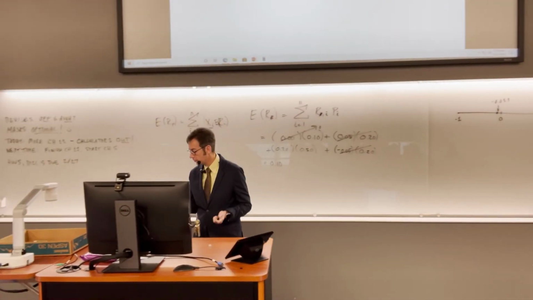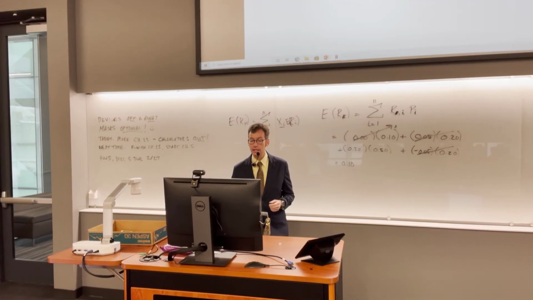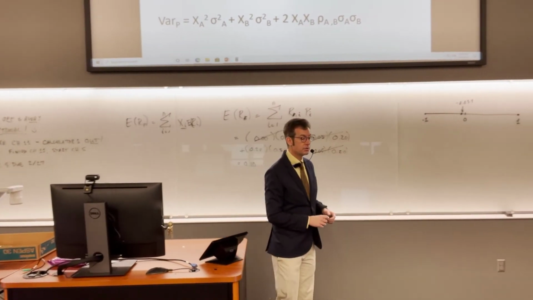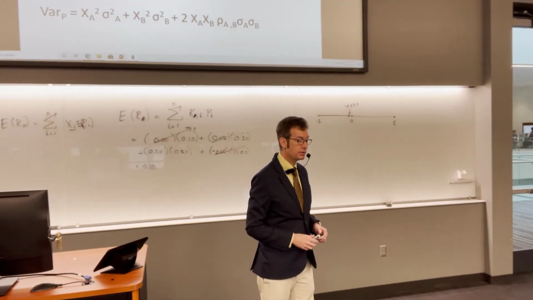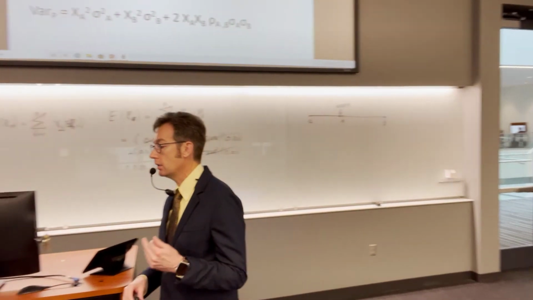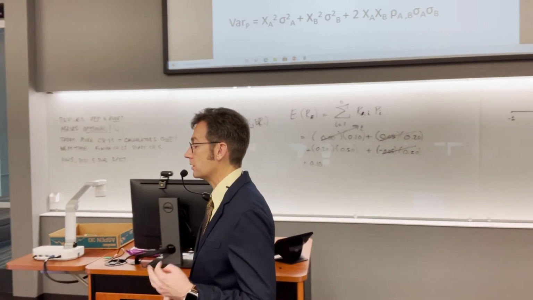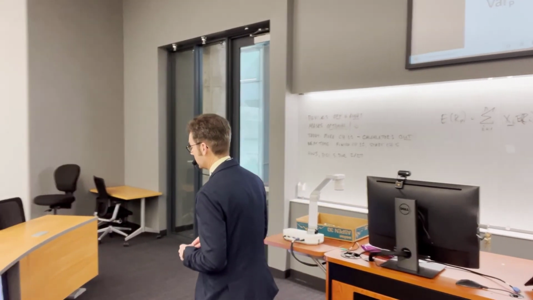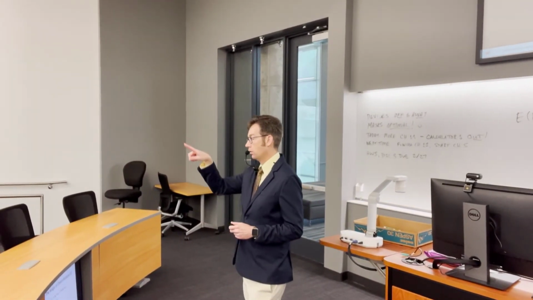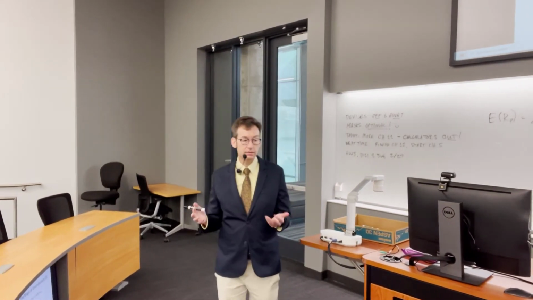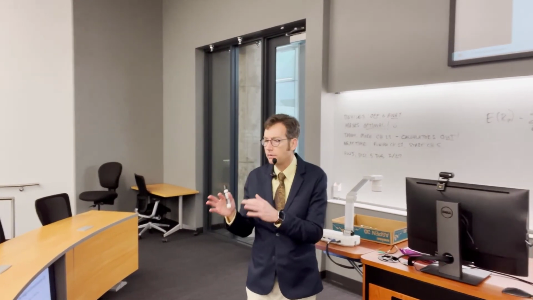Okay, so how am I going to prove this to you, though? That they don't have to be negative? We're going to rewrite that equation. And the first thing that we're going to do is take the covariance of A with B, we've got to do something with that. And we're going to turn it into something that's in terms of correlation. So I take the formula for the correlation of A with B, which is that rho is equal to the covariance of A with B divided by the standard deviation of A times the standard deviation of B. We've already talked about that.